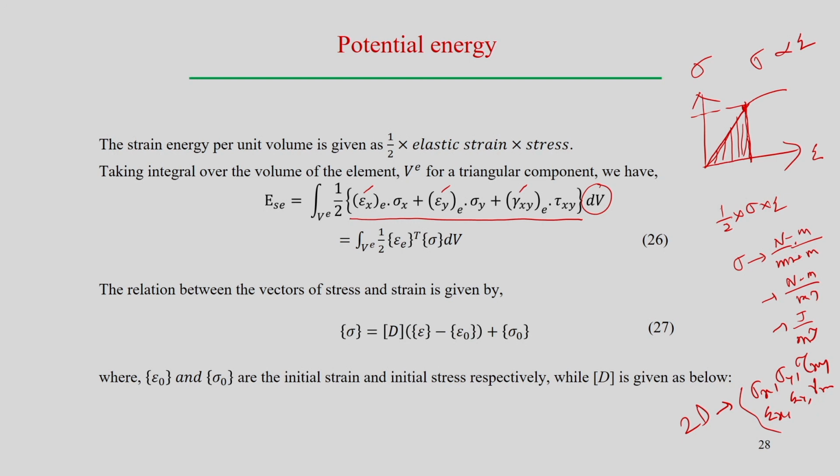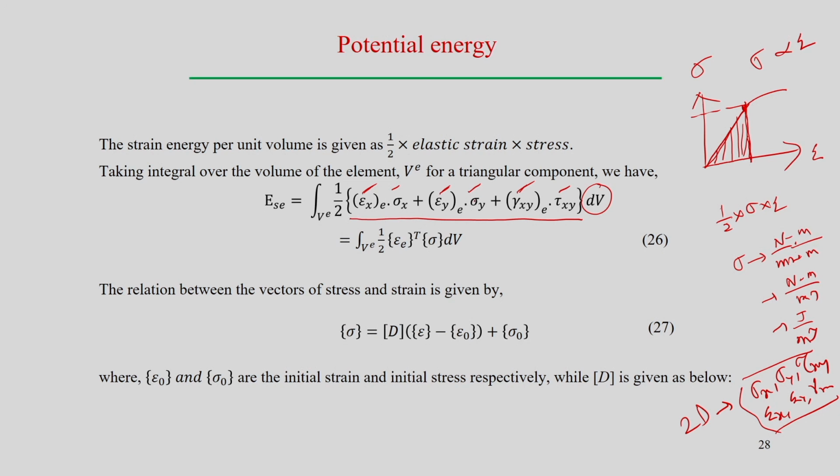Plane stress and plane strain are two different situations in practical problems, and accordingly we can formulate the D matrix for the plane strain condition. But if it is a 2-dimensional stress state, then we have three different stress components and three different strain components. The first two cases are normal stress with normal strain, the second also normal stress with normal strain in the other direction, and the third is shear stress with shear strain.